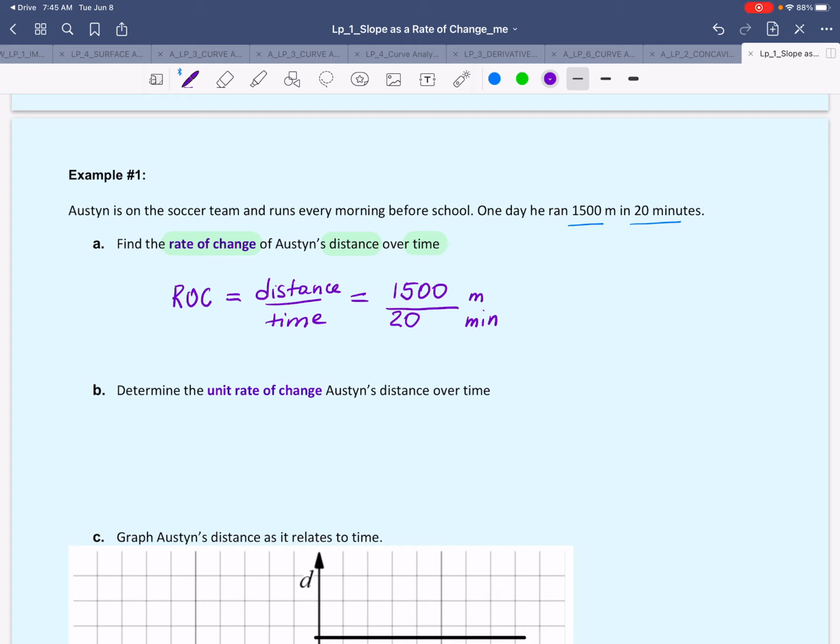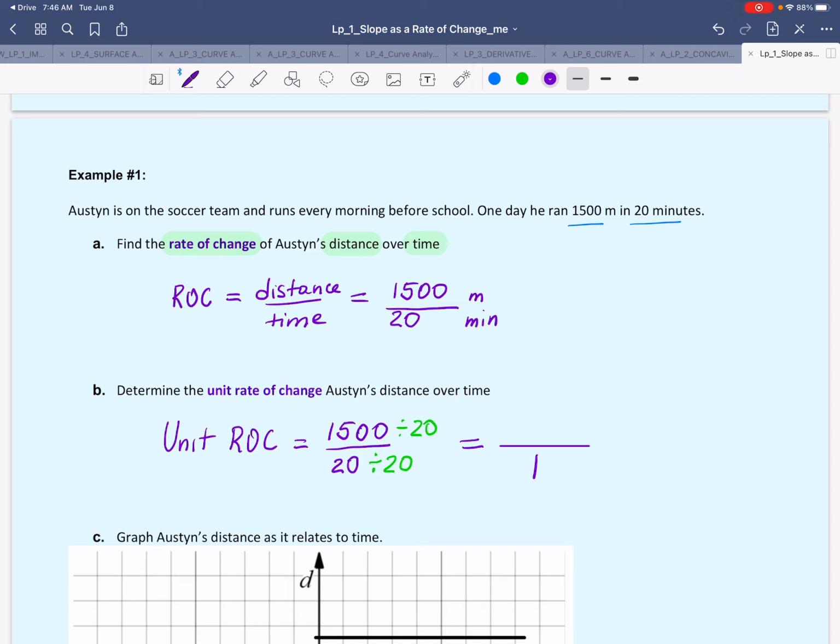When it comes to unit rate of change, I will start by writing the slope as I did in the previous question, and then I will divide both numerator and denominator by the value of the denominator, because I want the denominator to be equal to 1. So 1,500 divided by 20, this is how I like to divide in my head.